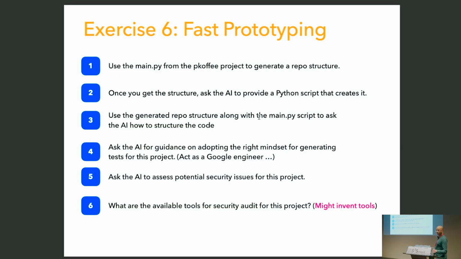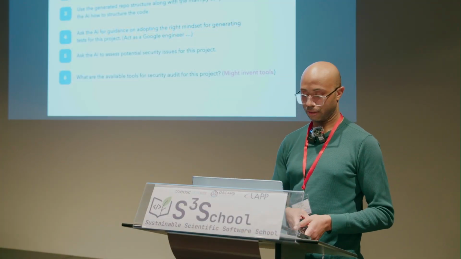All right, so you can follow this path and judge and see if you end up with the same structure as before. And if you're happy with the solution and the test, consider everything we've seen so far in the other sessions. And just be careful, AI might invent tools, like an import that doesn't exist.